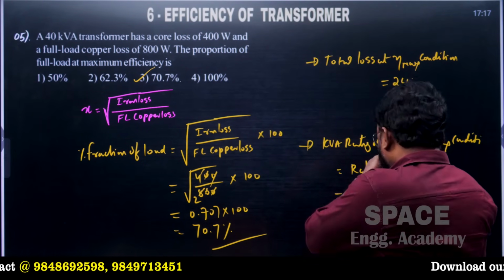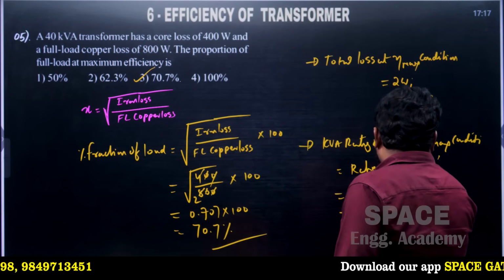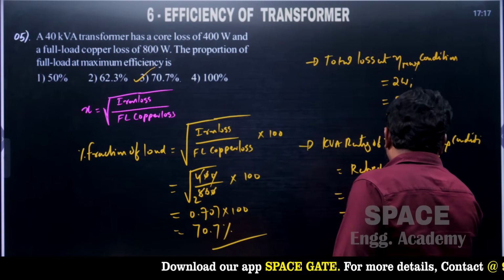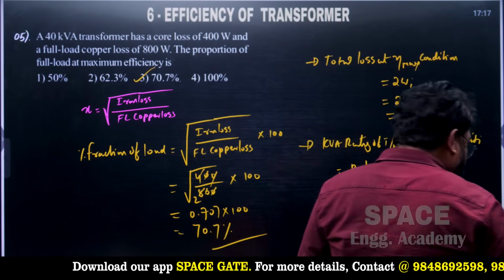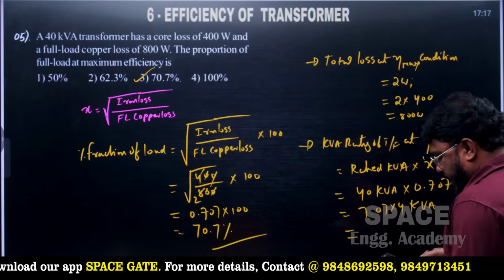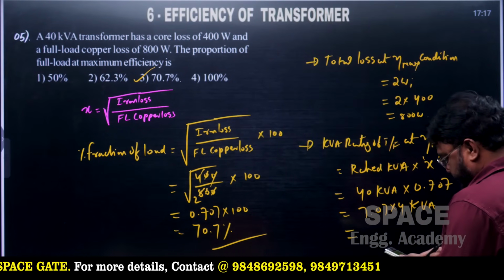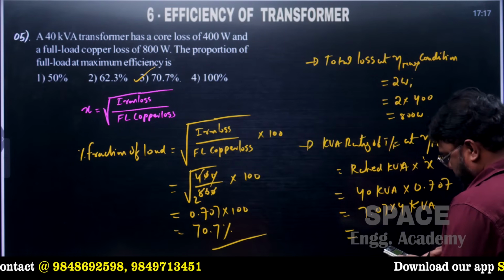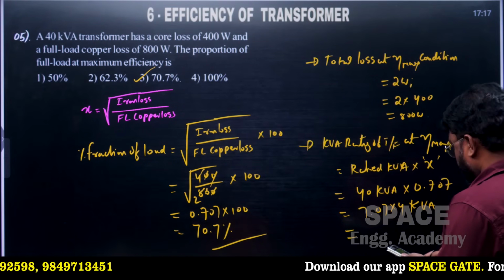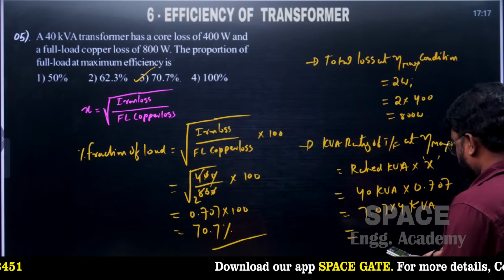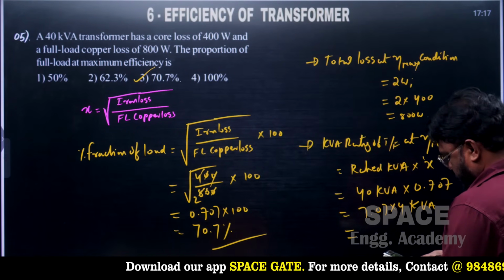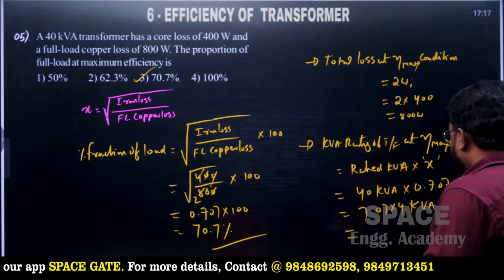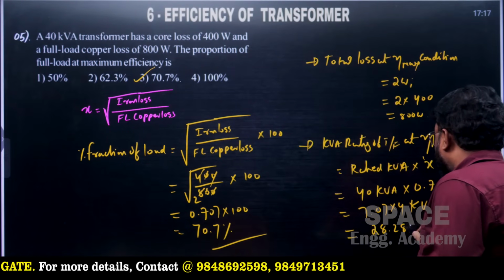So 40 into 0.707, that is the kVA rating at maximum efficiency condition. So it is equal to 28.28 kVA.